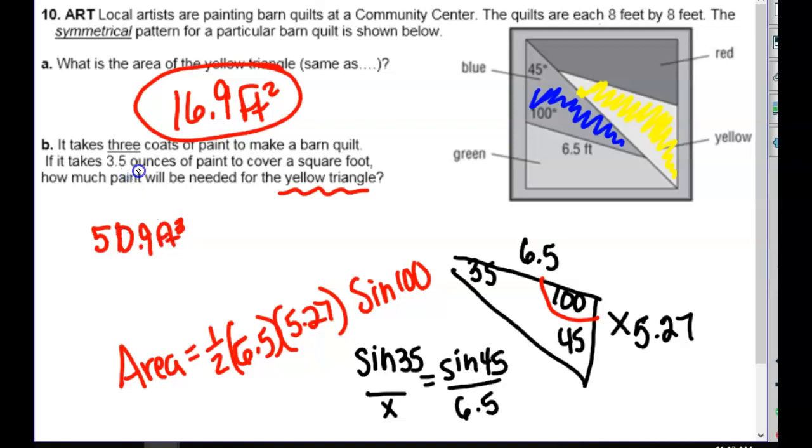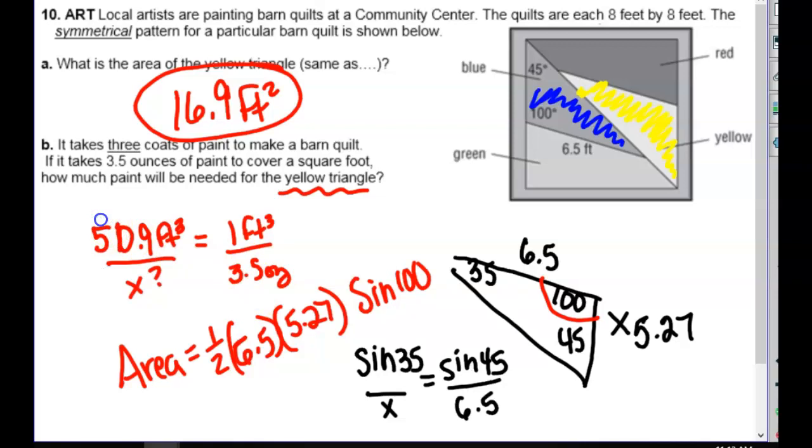And 3.5 ounces will cover a single square foot. So what do we need to do? One square foot will get covered by 3.5 ounces, right? So we need how many ounces down here? So yeah, we just need to multiply.